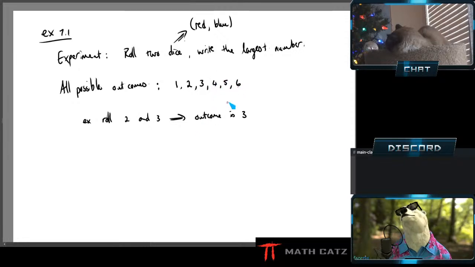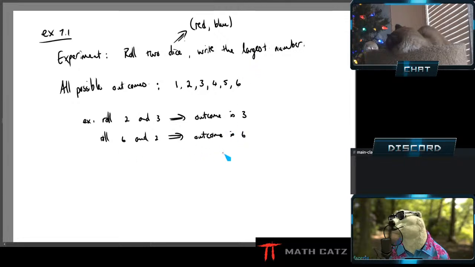I can get a 6 if I roll a 6 and a 2, for example. Then the outcome that I'm interested in writing down as the result is the largest of the numbers. But because my two dice are just six-sided, fair, balanced dice, I can't get more than a 6 ever. So the largest number will never be more than a 6.